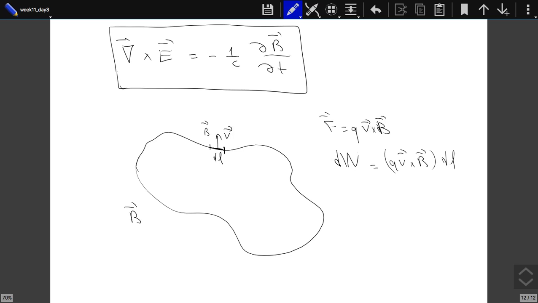So dW over Q, the work done on a unit charge as it crosses this region, this is the contribution to the EMF, will be just V over c cross B times dl.